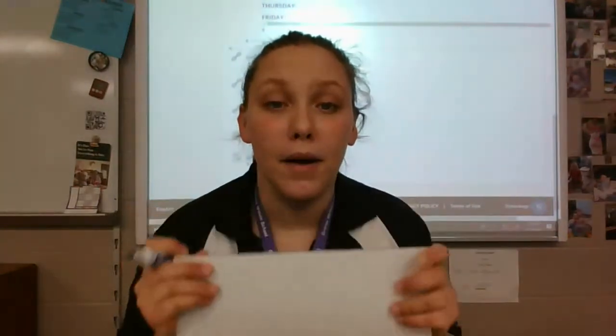So when we talk about Punnett squares, we make these to figure out the chance of having a certain trait based on what our parents have.